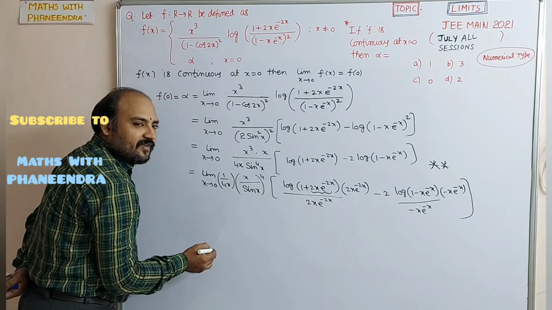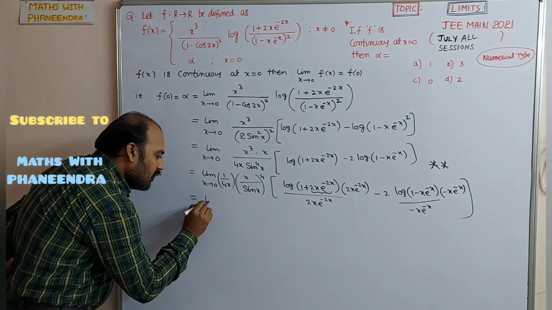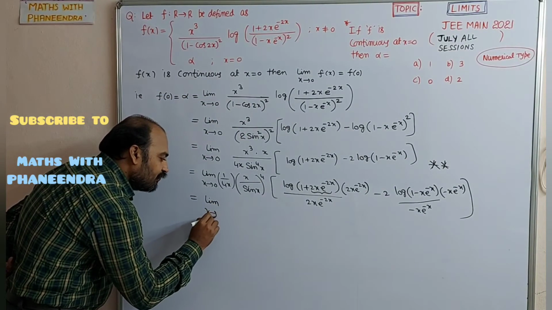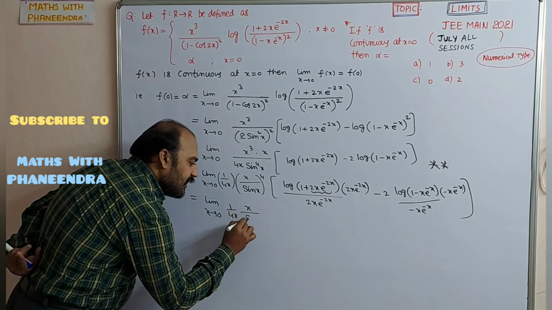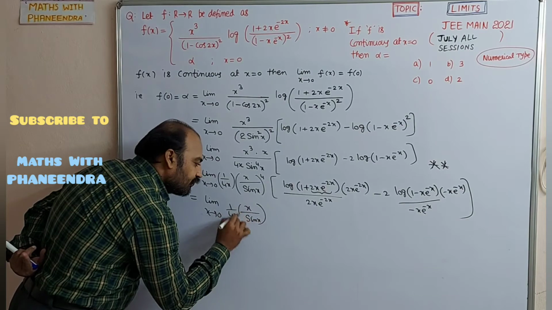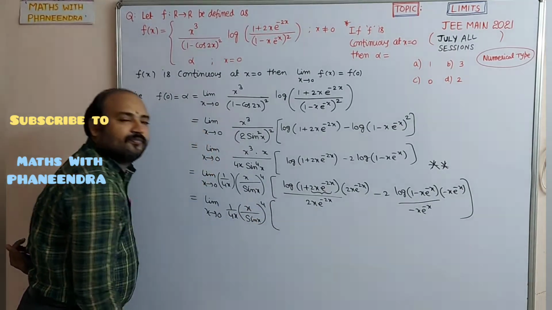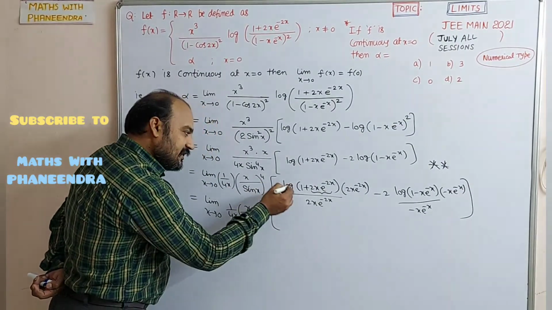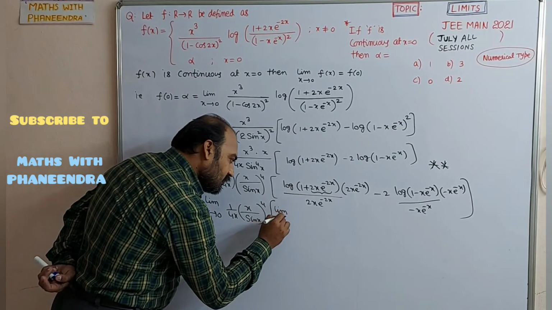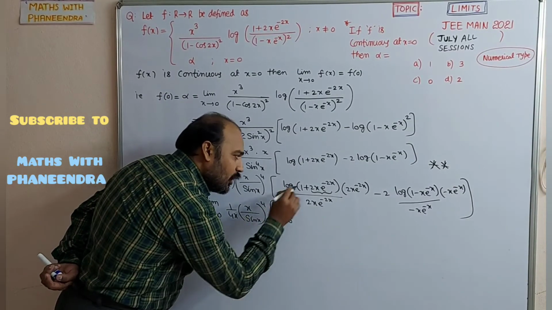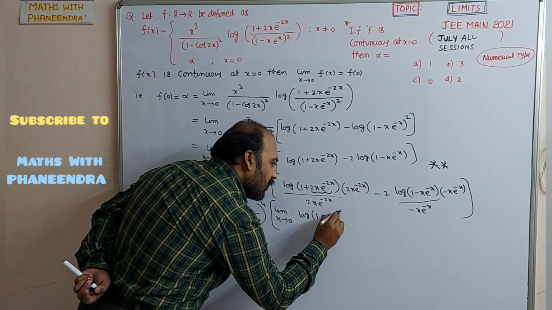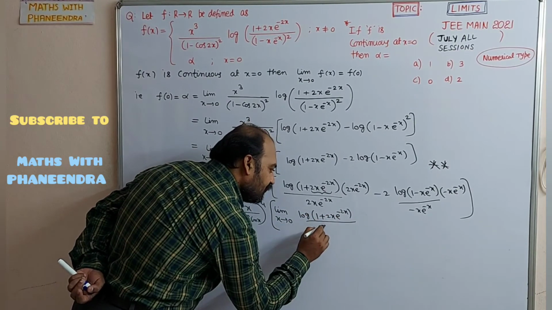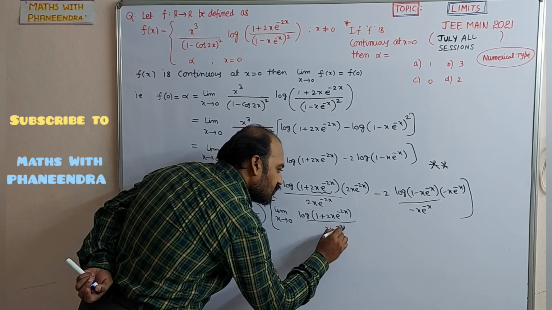After that it will convert into limit x tends to 0, 1 by 4x, x by sin x whole power 4. Limit applies for this also: limit x tends to 0, log of (1 plus 2x e power minus 2x) divided by 2x e power minus 2x.